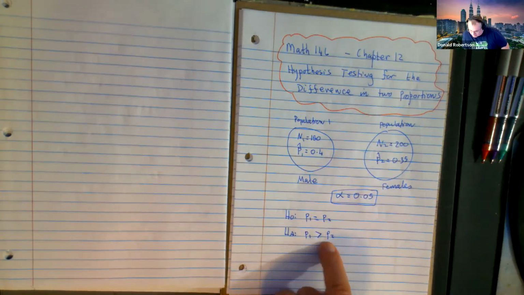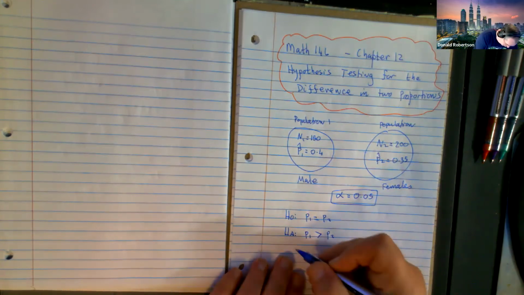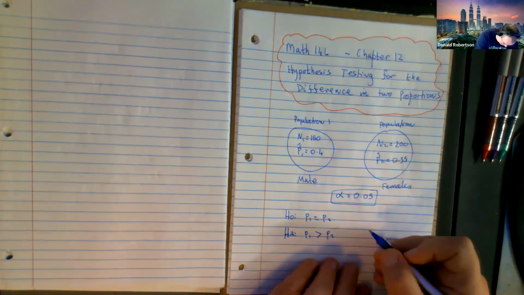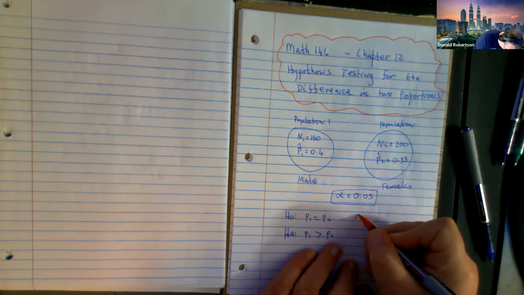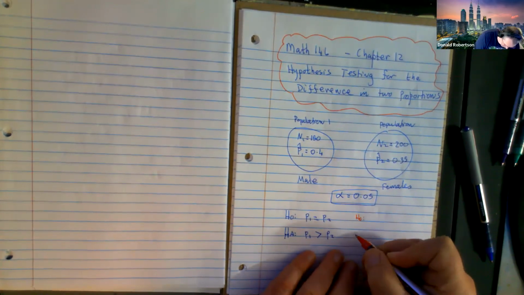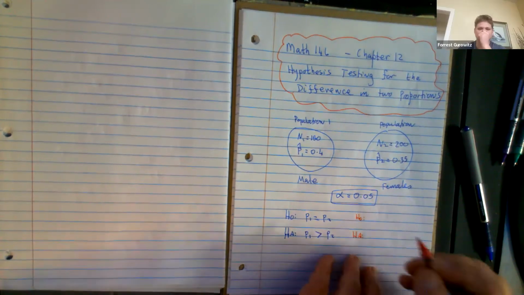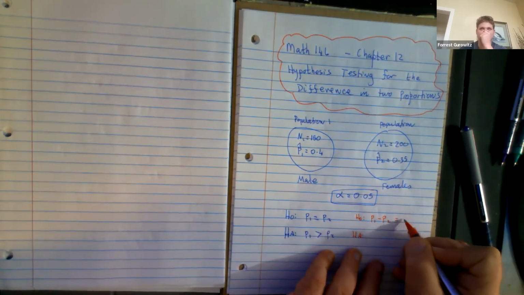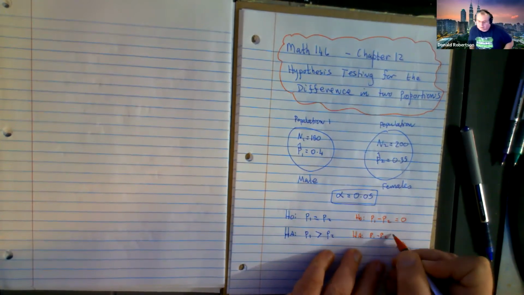And in this particular one, I'm trying to prove it's greater than. And in quite a lot of textbooks, that's actually how you write it. But WebAssign and other places rewrite this in a slightly different way. Mathematically, it's exactly the same.